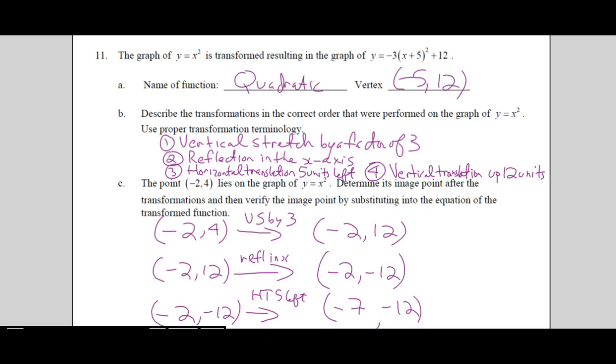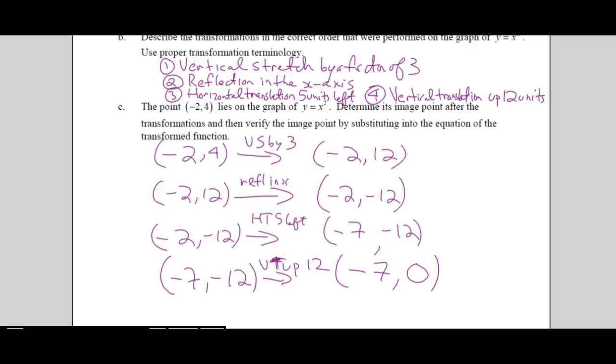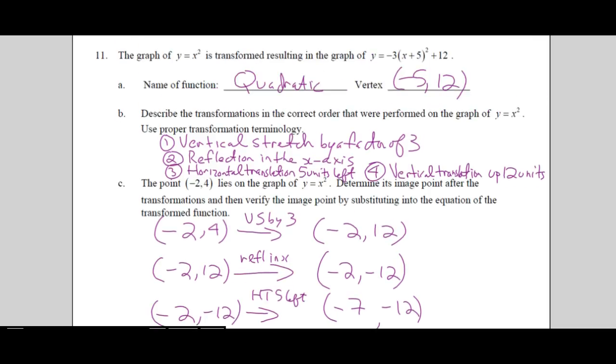Okay, so we got negative 7, 0. Oh, and you can check that, right? So you could say, what is y equal to when x is negative 7?